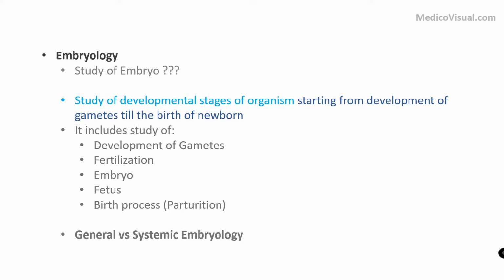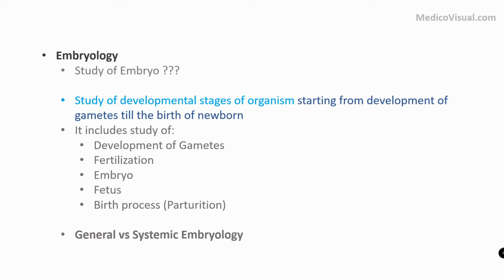We can study embryology at two levels: general embryology and systemic embryology. In general embryology, we study the creation of primordia of different organ systems, the bilaminar and trilaminar germ disc. We will discuss these things later.